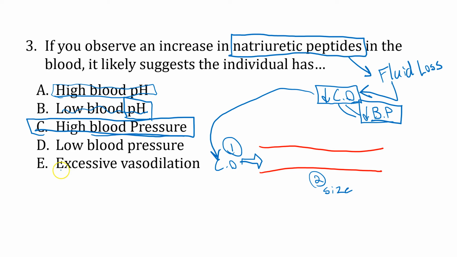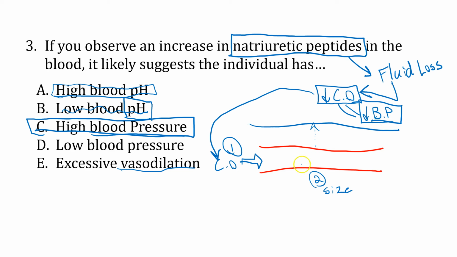Okay, and then excessive vasodilation. Just for the sake of fun, let's think about what this would be leading to. If an individual had excessive vasodilation, we're talking about the size of a vessel. Basically, their vessel is huge.